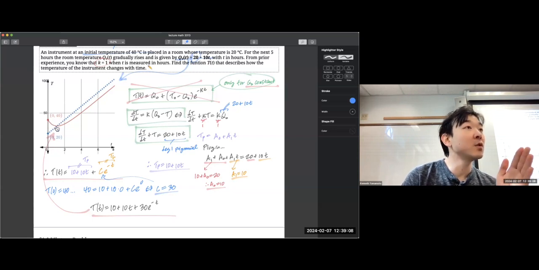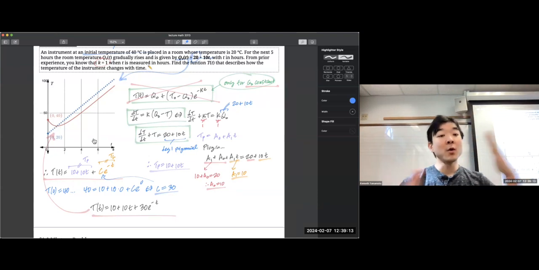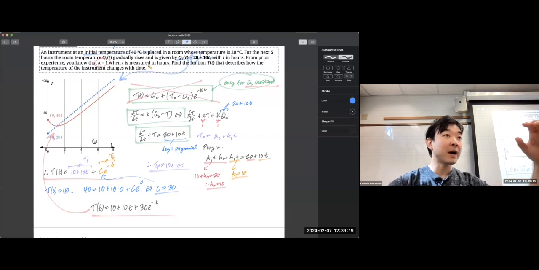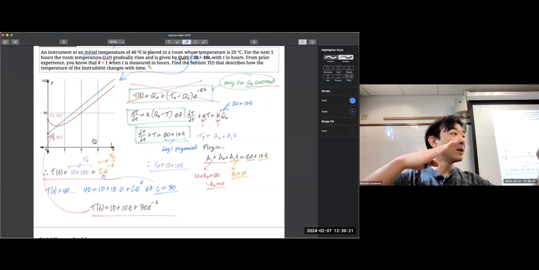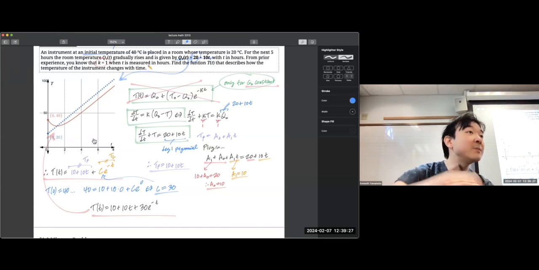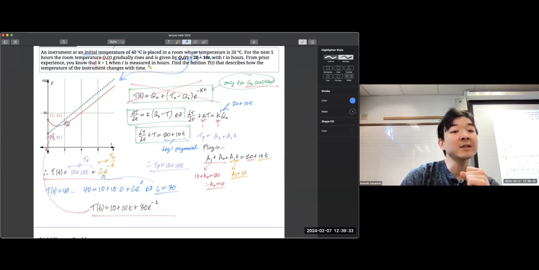But the temperature of the room is being increased. There's going to be a moment where they're both going to equal the same temperature, because it's like your object is hot, your room is cold, your object's going to cool down, your room is heating up. There's going to be a moment when they're both the same temperature. Then the temperature of the room just keeps growing. So the object is going to feel like it's cooling down, but then it's going to react to the fact that the temperature of the room is increasing.